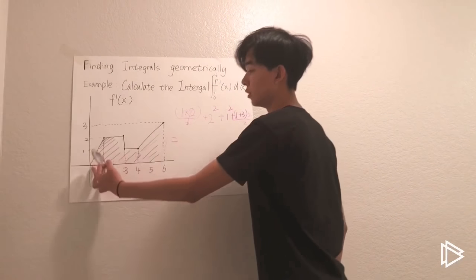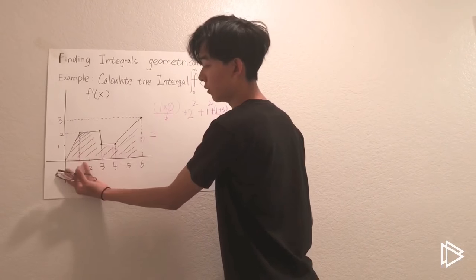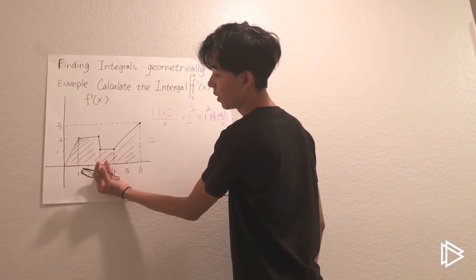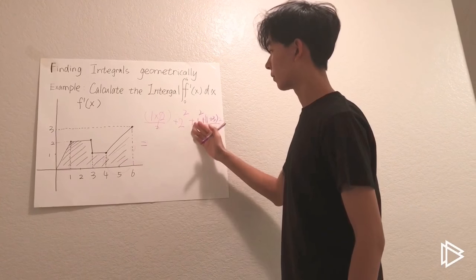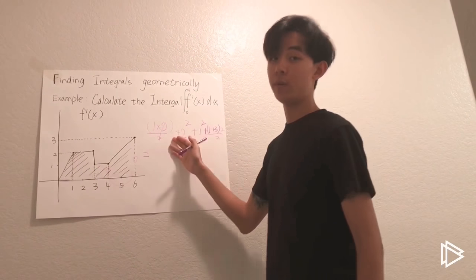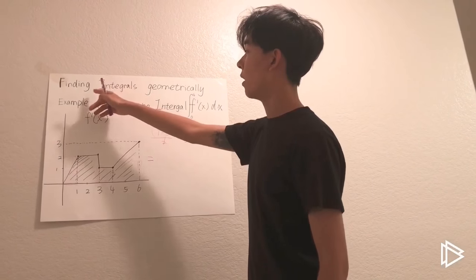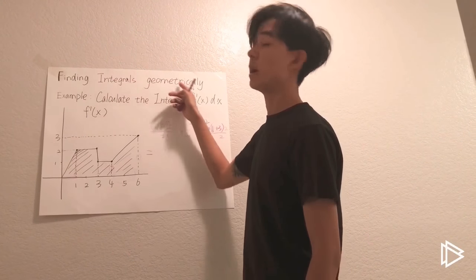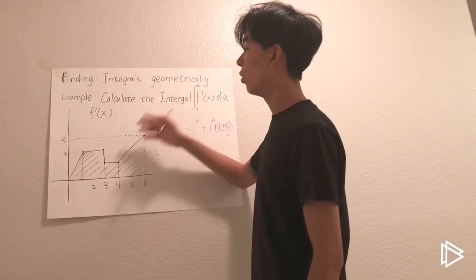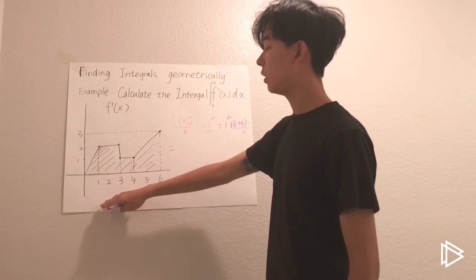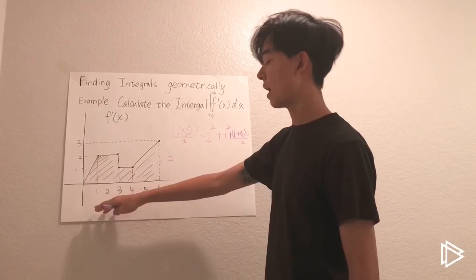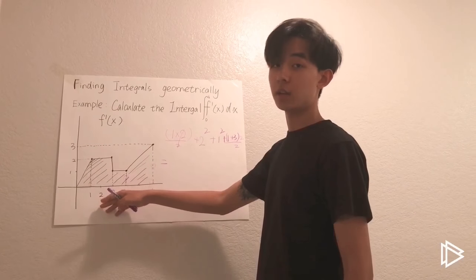The first part is a triangle, the second one is a rectangle, this one is a square, and this one is a trapezoid. That's the way we find the integral geometrically. And also, when the function is below the x-axis, the integral is a negative number.